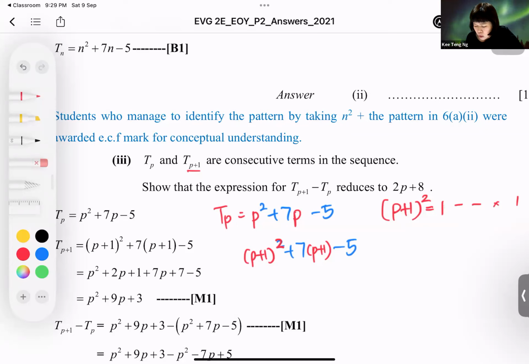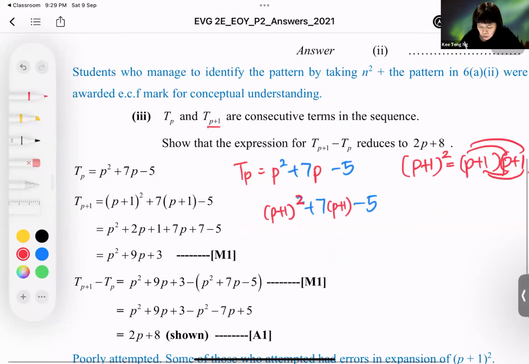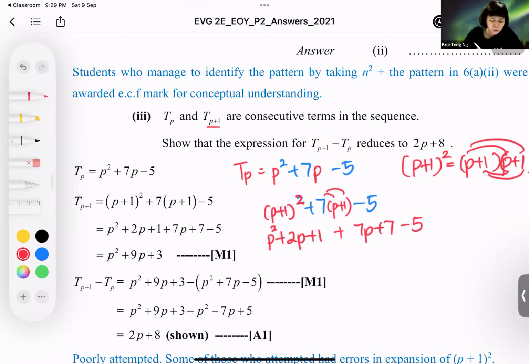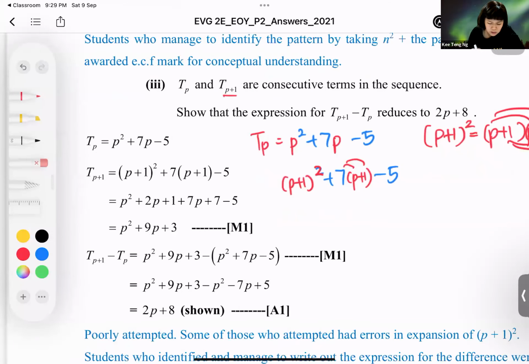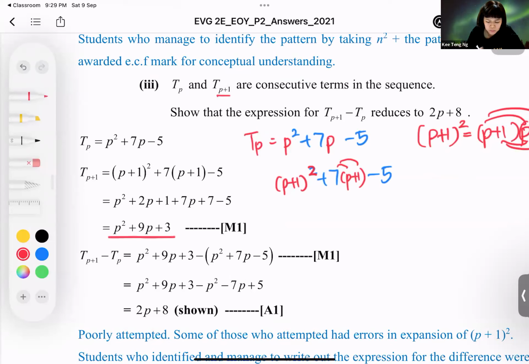If you cannot remember the formula, or you don't want to memorize it, write it as p plus 1 times p plus 1 and expand it out. That gives you p squared plus 2p plus 1. Plus this one, expand the bracket, 7p plus 7 minus 5. Simplify everything, and you should get the answer for TP plus 1, this whole thing.